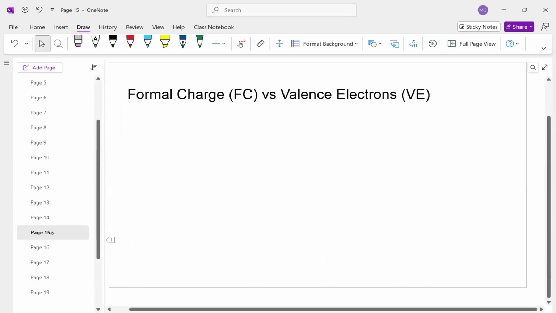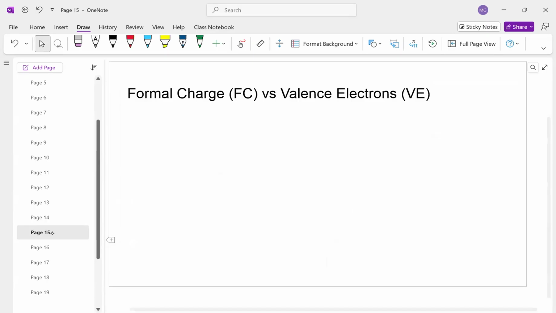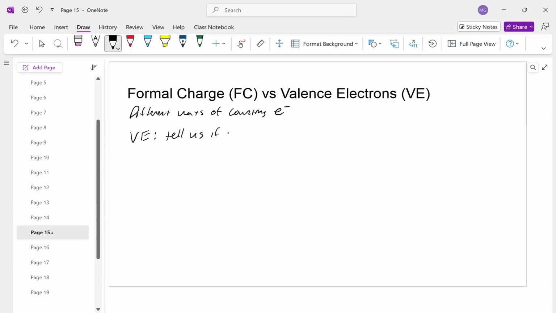Now, another important thing that's going to keep popping up when we start drawing Lewis structures is formal charge and valence electrons. Essentially, these are just different ways of counting electrons. Both of them are very important for drawing proper Lewis structures, though. Valence electrons tell us if atoms have the correct number of electrons.